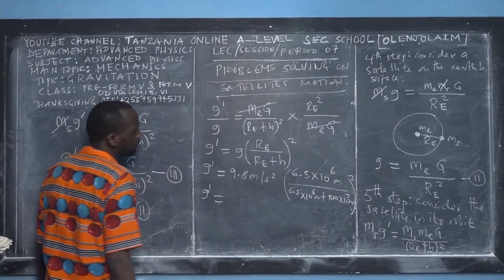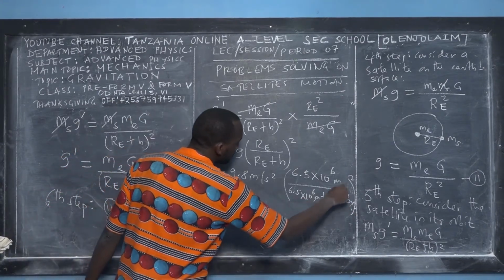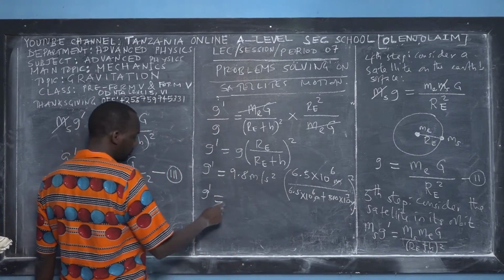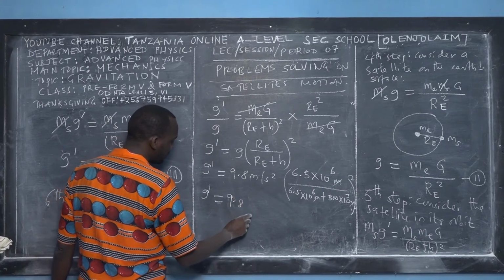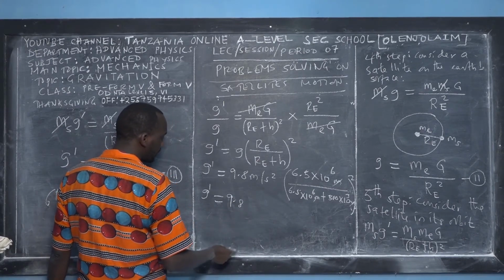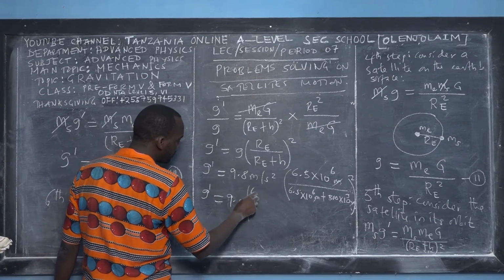So remember that this meter and this meter will cancel. So it means that we remain with 9.8 meters per second squared. And then we multiply by what? 6.5.